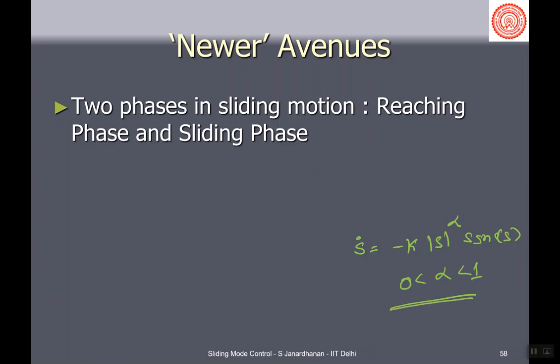Now, does this satisfy this eta reachability condition? You'd see that as S tends to 0, S dot also tends to 0. So the condition that the magnitude of S dot is greater than eta is not getting satisfied here. But then why is this a valid reaching law?